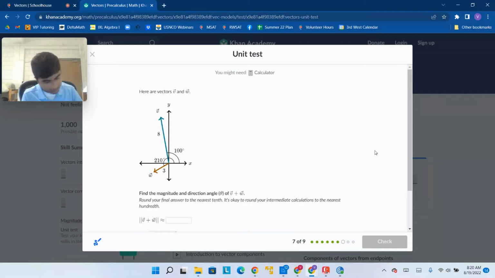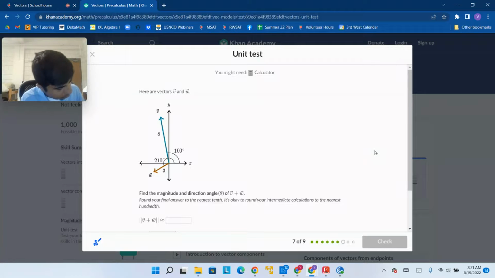So take the inverse tan of 6.38 over 3.99, and you get 57.99 degrees. Now we're going to do 180 minus that.